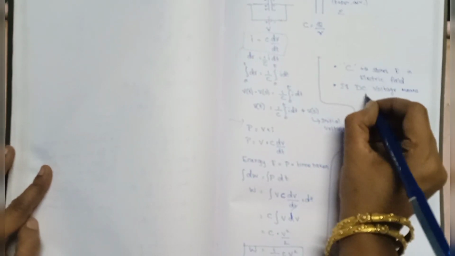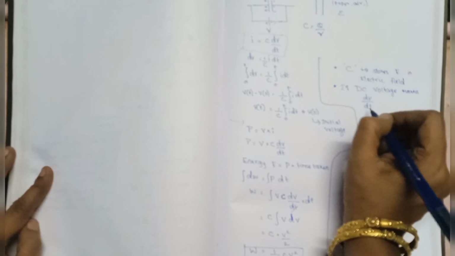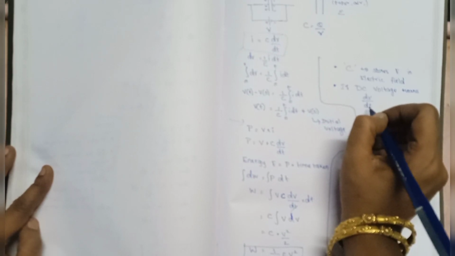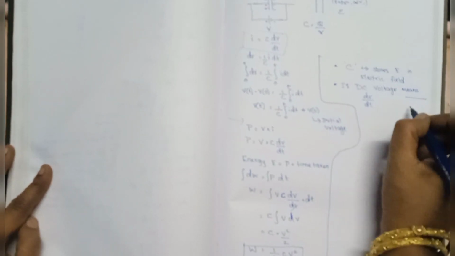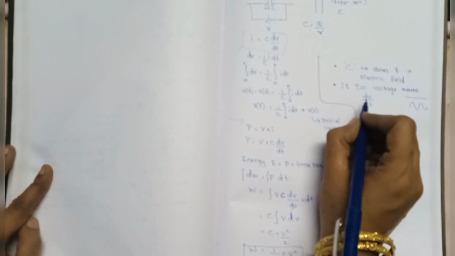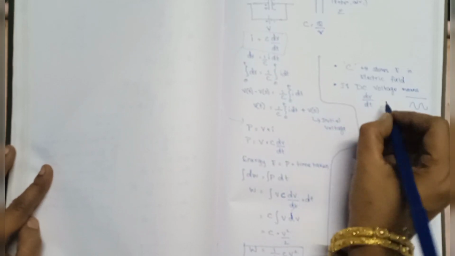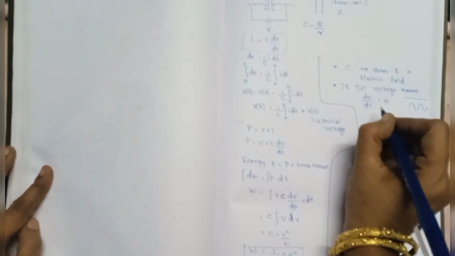What will happen to dV by dt, the rate of change of voltage with respect to time? In DC it does not vary with time because it is a constant value. Only AC varies with time. So for a DC voltage across the capacitor, which is constant, if I differentiate, what would be the answer? Yes, 0.